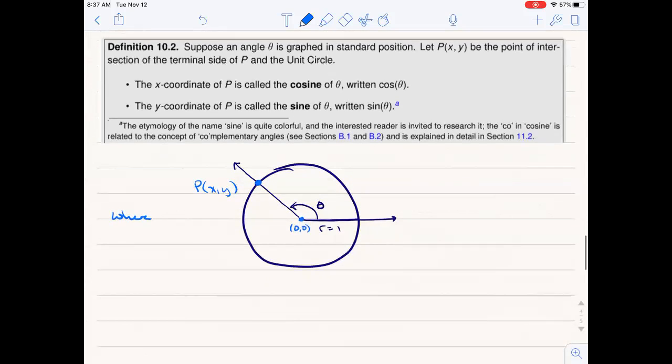Where x, right, from this definition, the x coordinate of P is called the cosine of theta. So x is going to be cos theta. And y, similarly, is going to be sine theta.